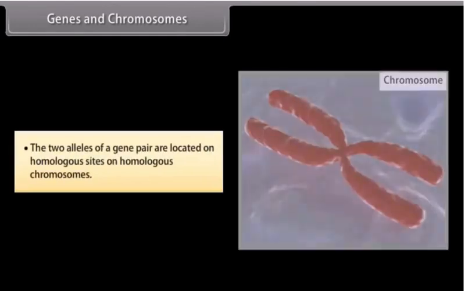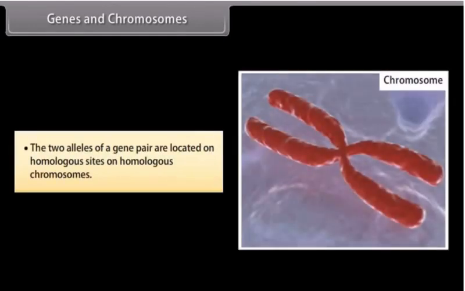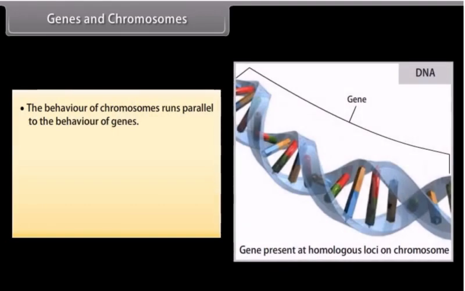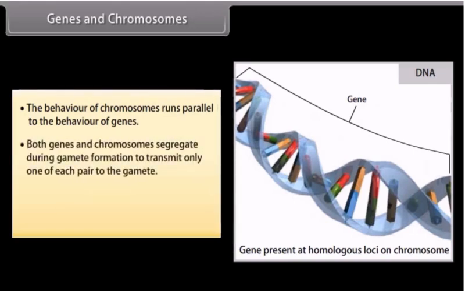Genes and chromosomes. The two alleles of a gene pair are located on homologous sites on homologous chromosomes. The behavior of chromosomes runs parallel to the behavior of genes. Both genes and chromosomes segregate during gamete formation to transmit only one of each pair to the gamete.